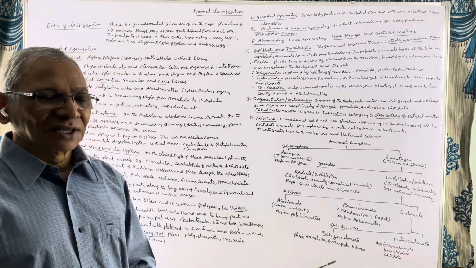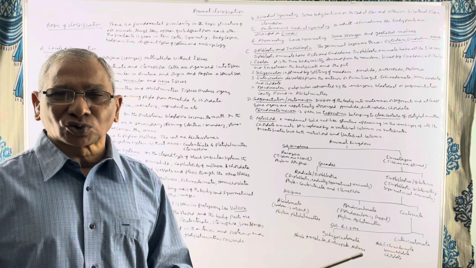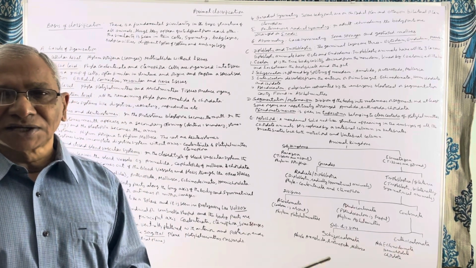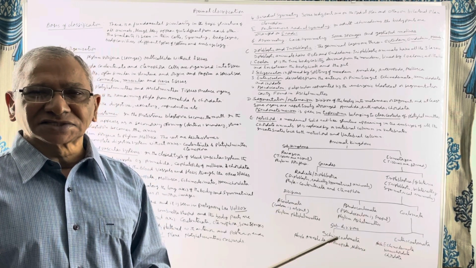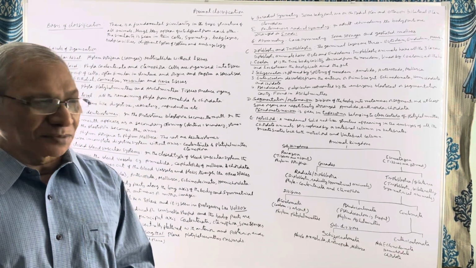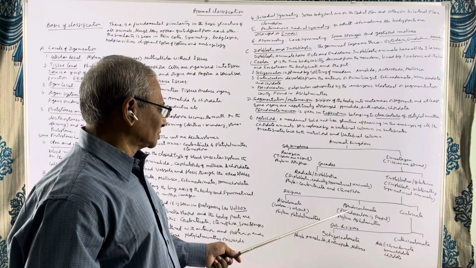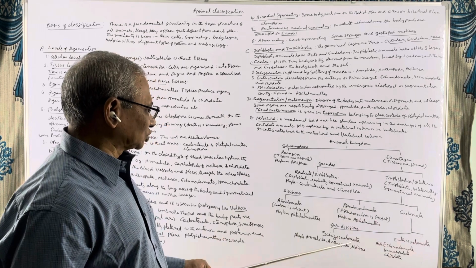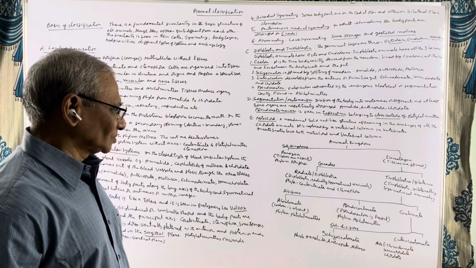Pseudocoelomata means they have a cavity, but it is not a true body cavity. Already I have told you, in pseudocoelomates, the body cavity is nothing but the remnant of blastocele or segmentation cavity. Because of the presence of pseudocoelom, this division got the name pseudocoelomata and the phylum is Aschelminthes.